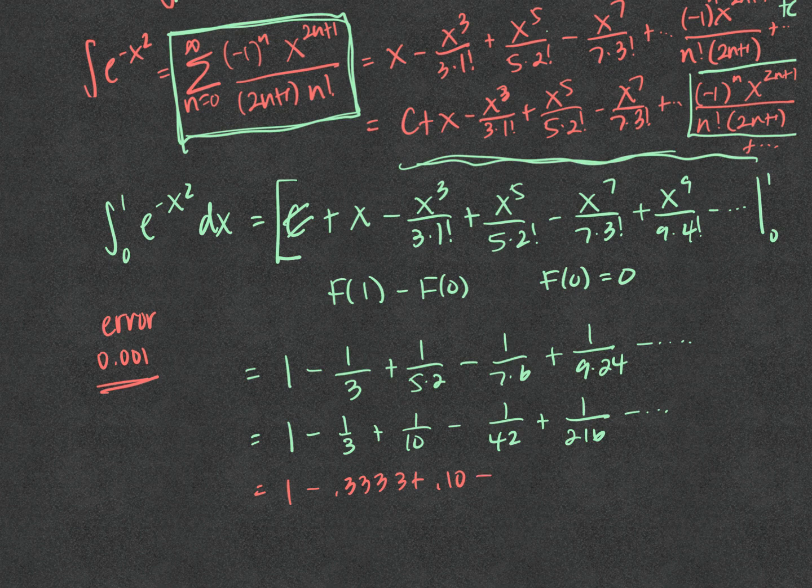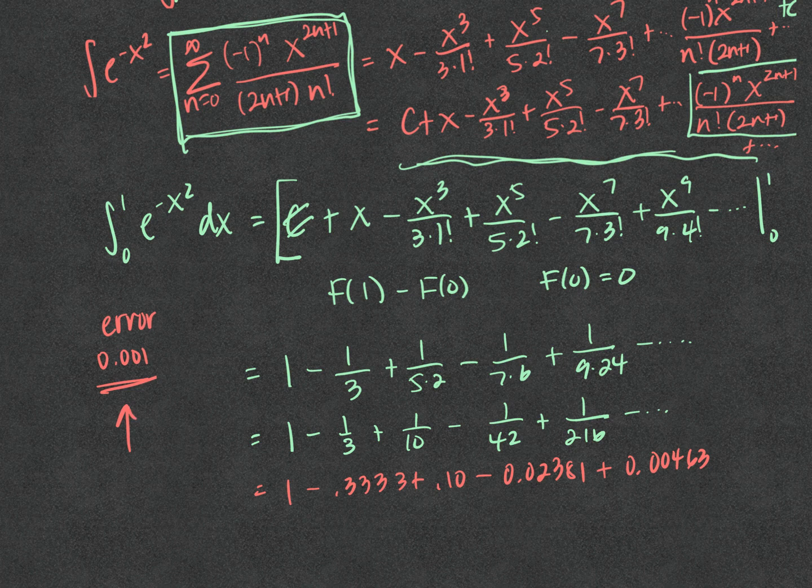Minus, well, let me pull out my calculator because I don't know 1 divided by 42 right off the top of my head. So 1 divided by 42 is 0.02381. And then I have 1 over 216. So 1 divided by 216 is 0.00463.